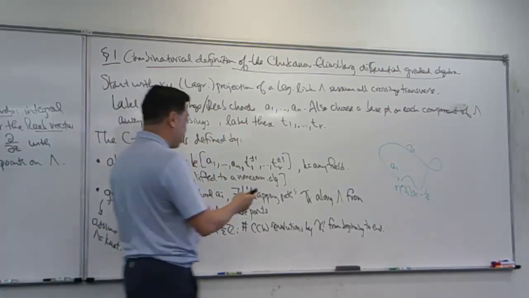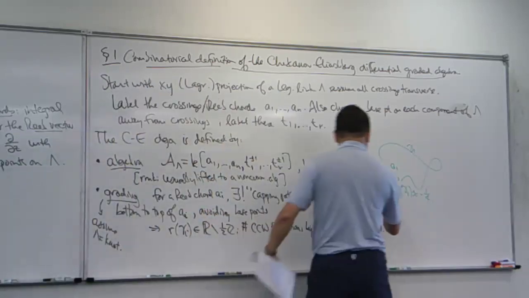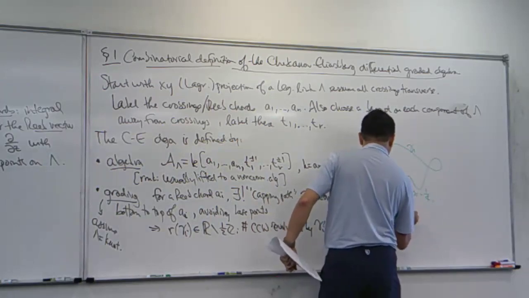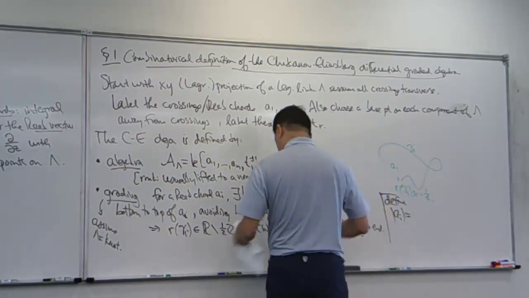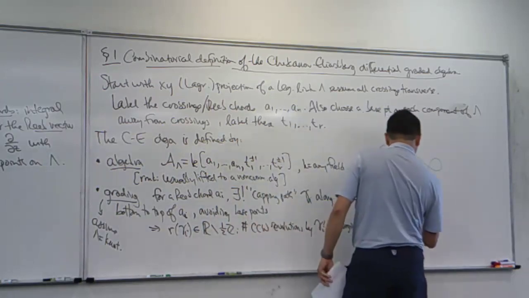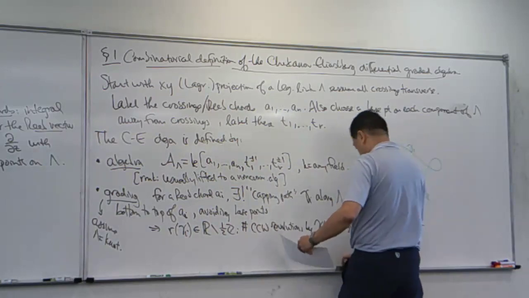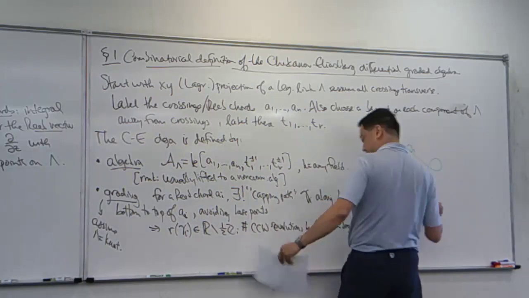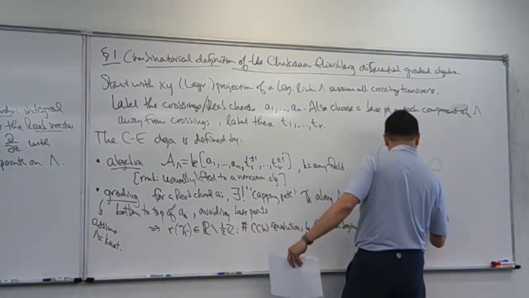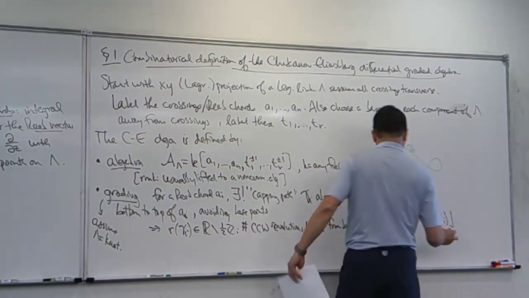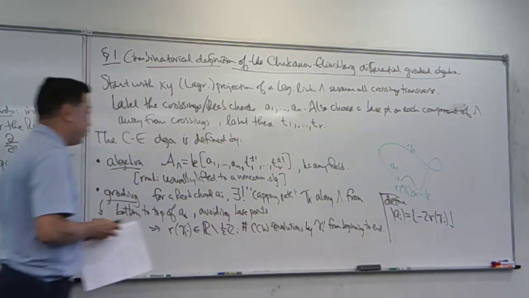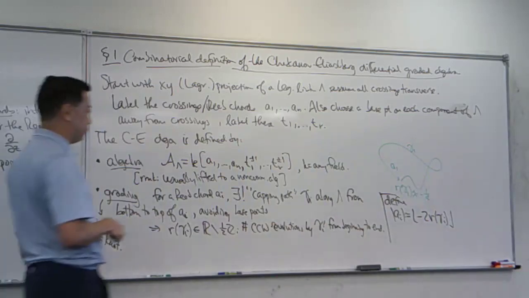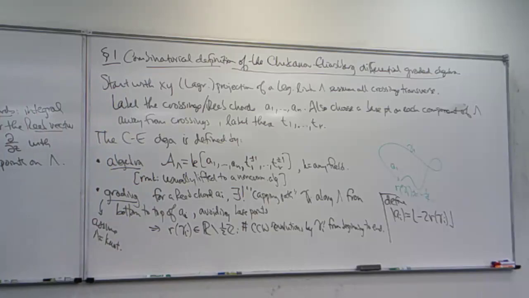Okay, and so the grading then of A_i: define the grading of A_i to be equal to, if you take twice that number, which is not an integer, negate it, and then take the floor of that.